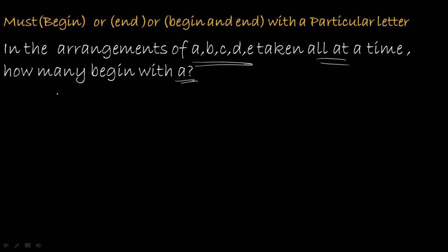Since we have 5 letters, the condition given here is that A will be in the first position, isn't it? A will be in the first position, and the remaining second, third, fourth, fifth positions can be arranged.